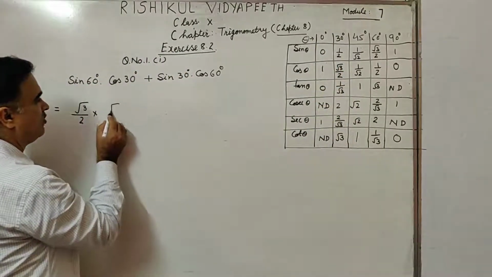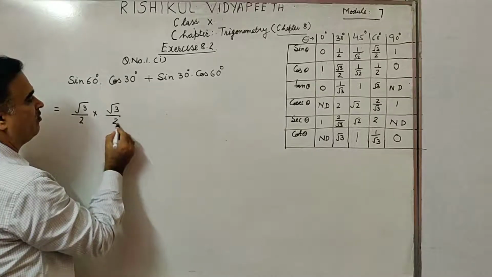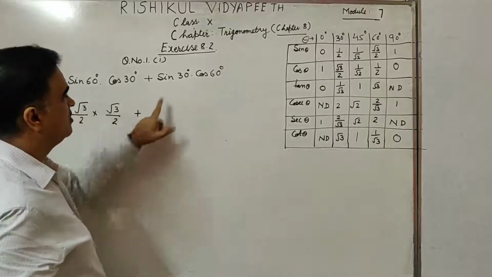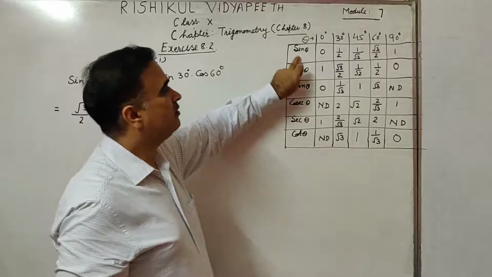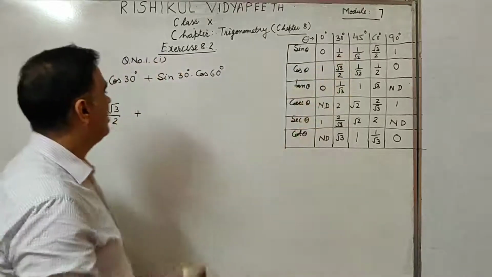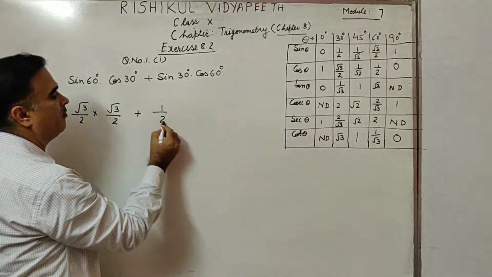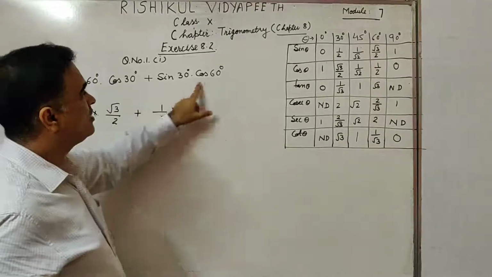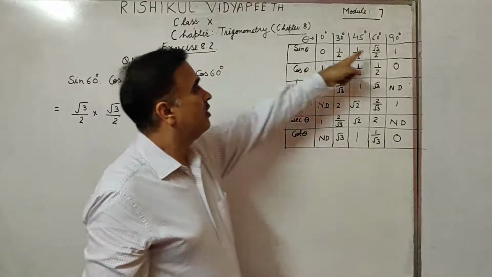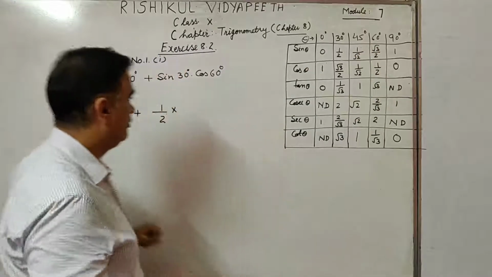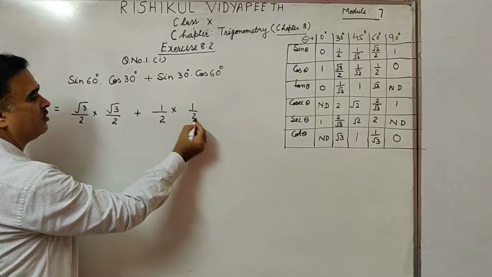So you put here root 3 by 2, plus sine 30. Sine 30 is 1 by 2, into cos 60. Cos 60 is 1 by 2. So we'll put 1 by 2 here.